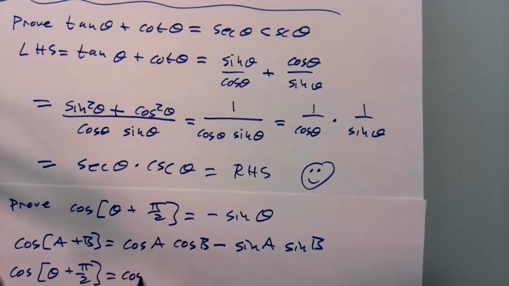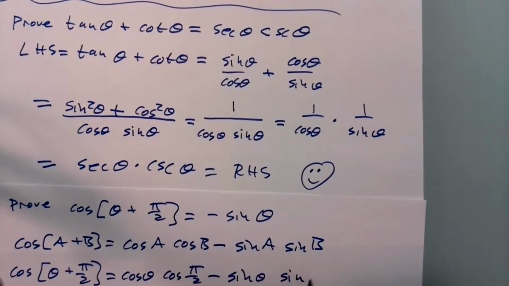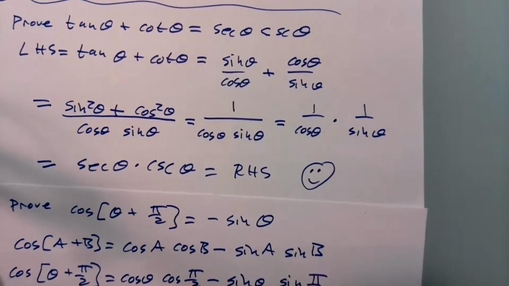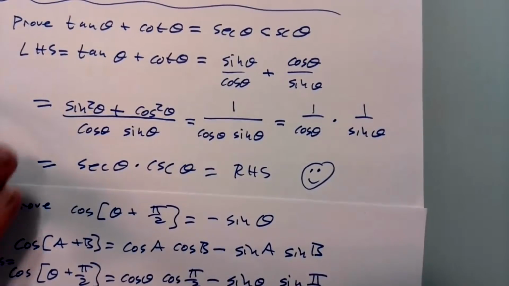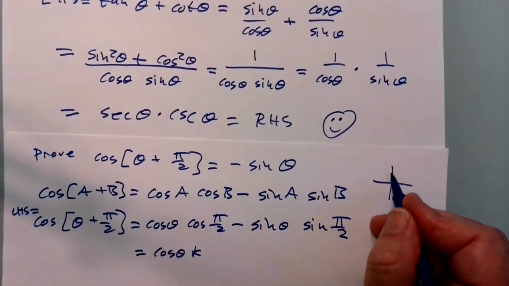So I want cosine of theta plus pi over 2, which is cos theta cos pi over 2 minus sine theta sine pi over 2. So, of course, that first was left-hand side. Then what do we get? We get cos of theta, cos of pi over 2. Let's look at our unit circle.